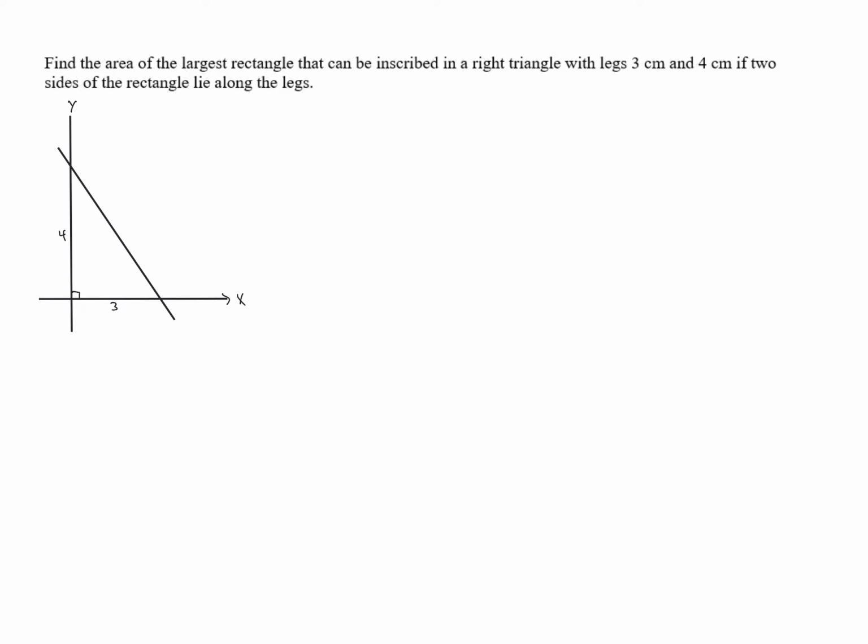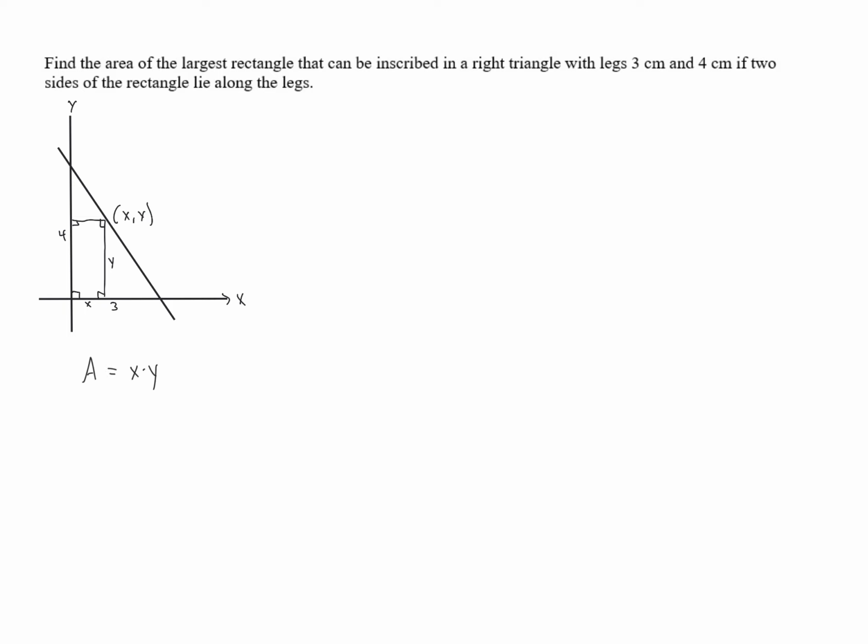The reason I'm doing this is because we're going to have our rectangle inside of it, and the area of the rectangle is going to be base times height, which is x times y, if that opposite corner is at the point x comma y. Right? This width is x and the height is y, so this point is x comma y. So the area of this rectangle is going to be x times y.